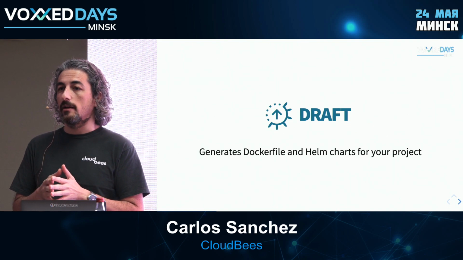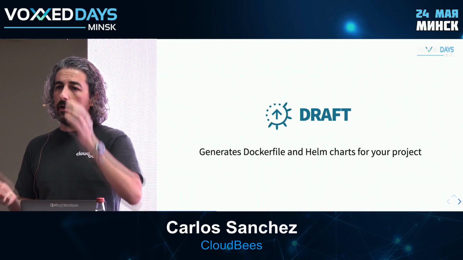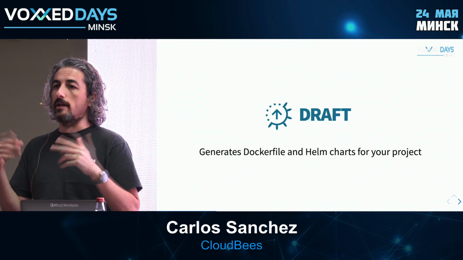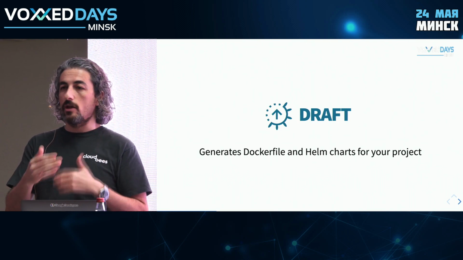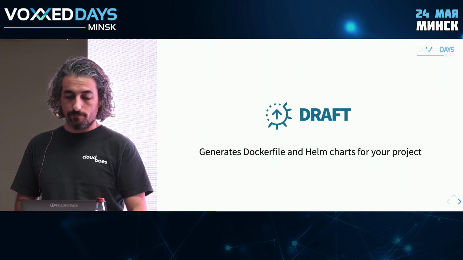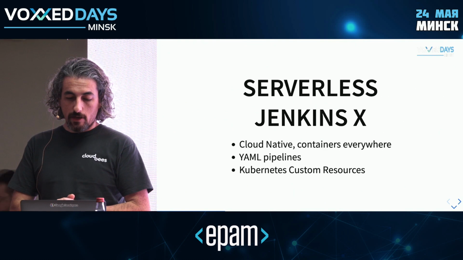So it's very interesting if you have projects that already exist, to bring them into the Kubernetes world. And when you import a project into Jenkins X, it is going to do all this for you automatically.